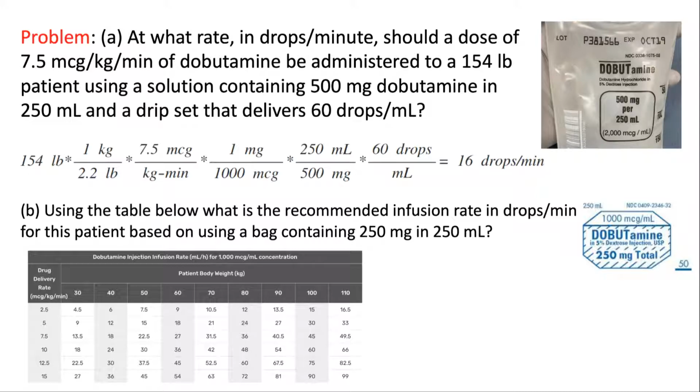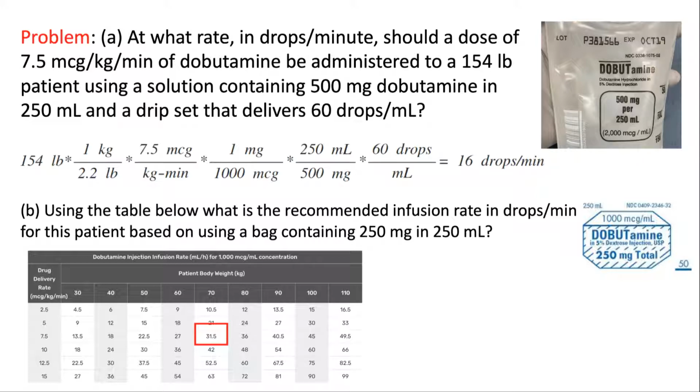It essentially would be based off of their weight. So 154 pounds divided by 2.2 is 70 kilograms. So again, if you look at the red box here, that's in the 70 kilogram column, going down to the 7.5 microgram per kilogram per minute row, and we can see our administration rate.